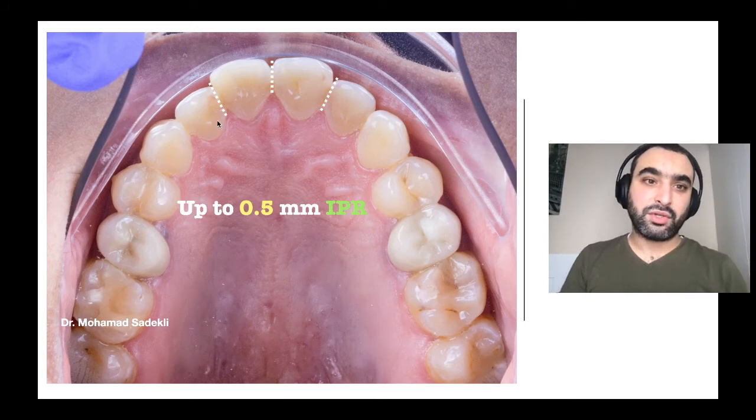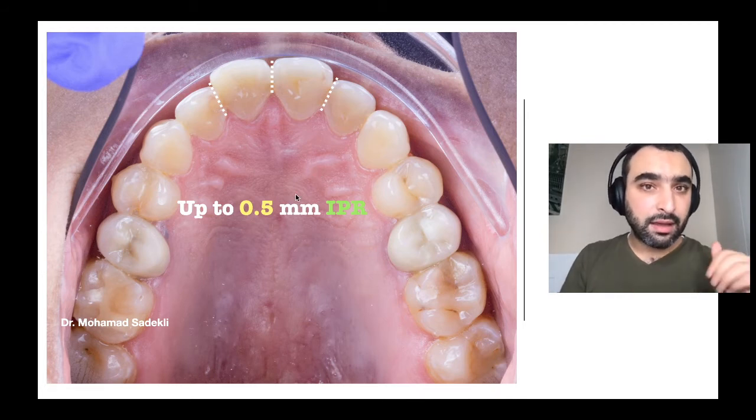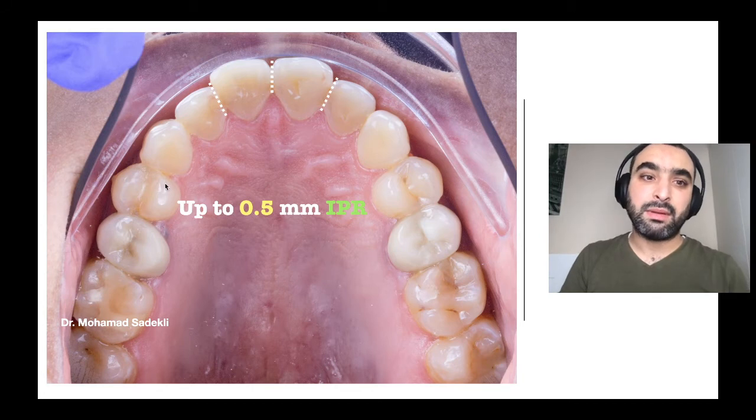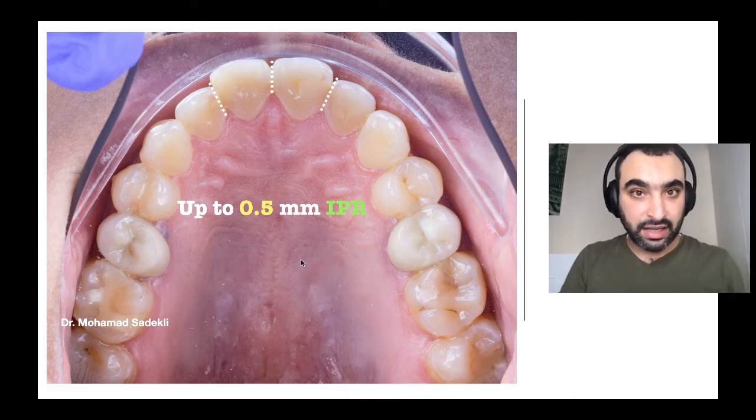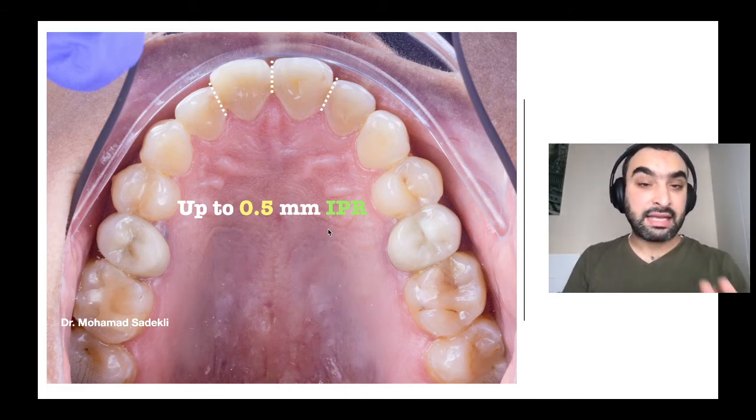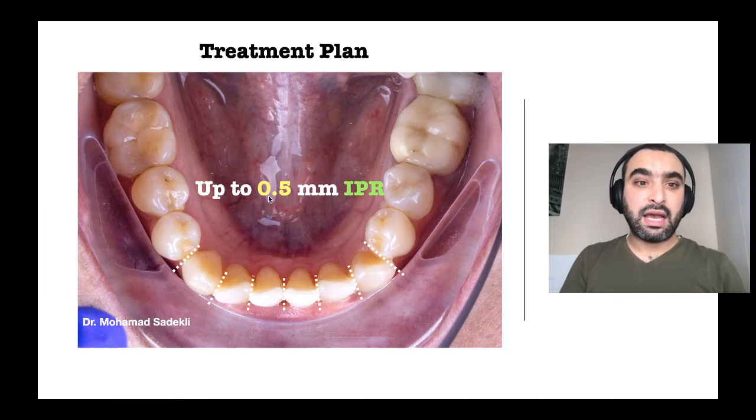And then for sure I did IPR in this area for the upper to solve the problem of the protrusion, to have some spaces to solve the problem with the crowding, and the protrusion was solved with the expansion that comes with the Damon system, okay, as a benefit.